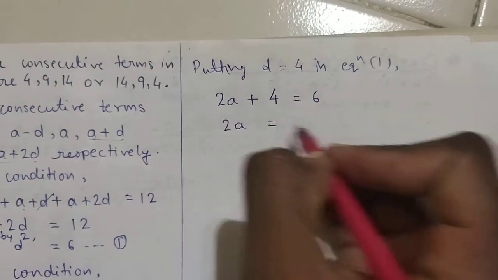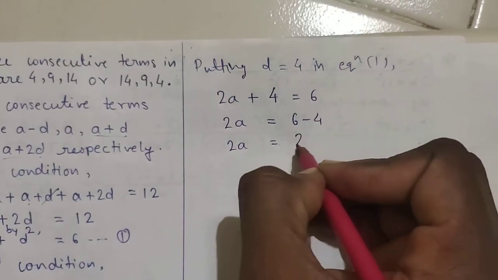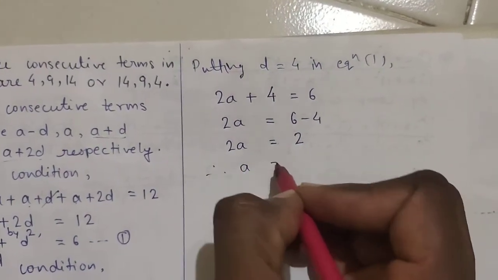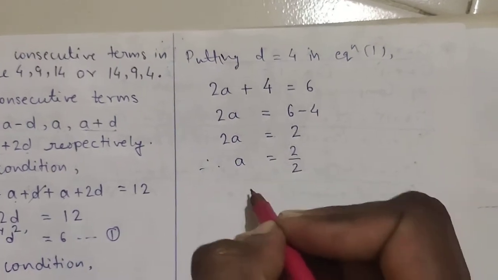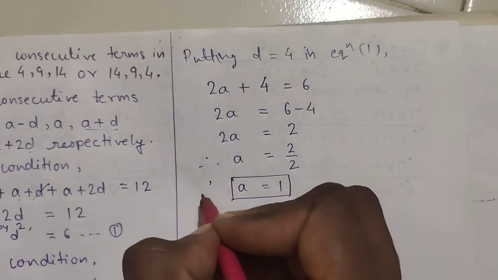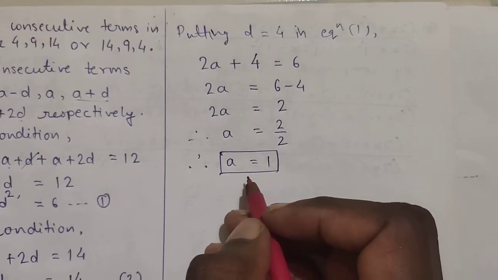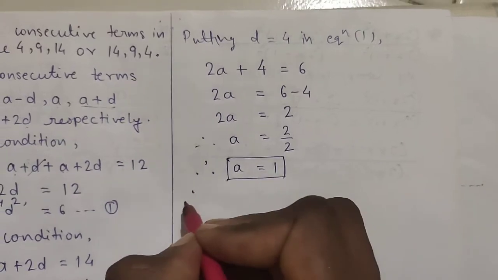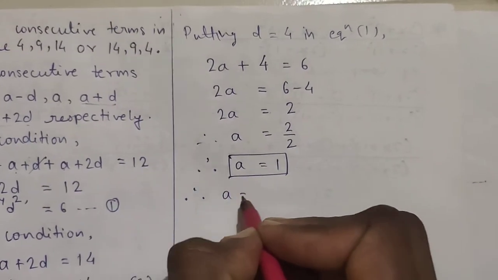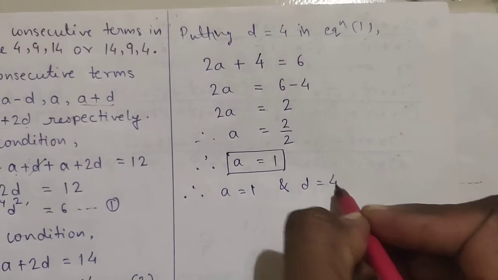So this becomes 2A equals 6 minus 4, and 6 minus 4 is 2. So finally A equals 2 upon 2, and 2 upon 2 becomes 1. So here you got A equals 1 and D equals 4 already you have. So let us write that first. A equals 1 and D equals 4.